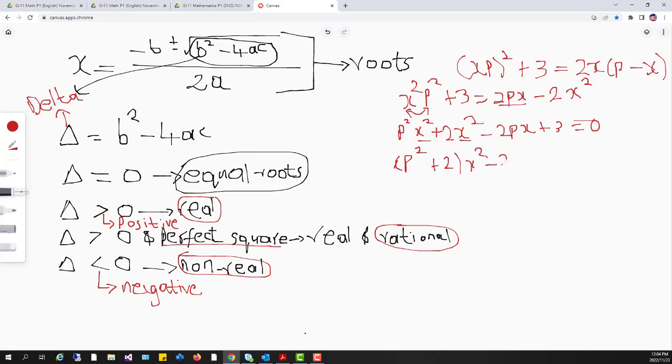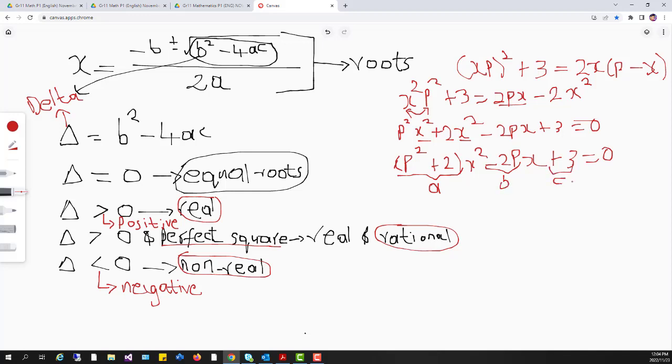We have minus 2px plus 3 equals 0. So now this is in standard form. We have x squared, x and a constant, and if you remember, the coefficient of x squared is a, the coefficient of x is b, and the constant is c.